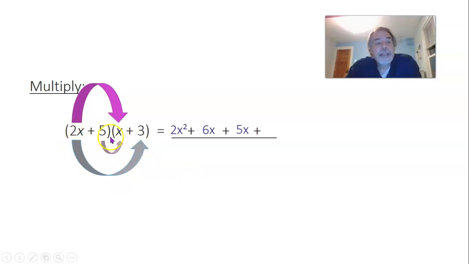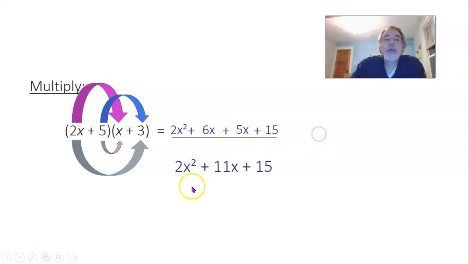And you'd multiply together the last terms of the two binomials, 5 times 3, to get 15. And then these two in the middle are both x terms. They're like terms, so we can combine them. The 6x and the 5x add up to 11x, so we get 2x squared plus 11x plus 15. So that's multiplying. Factoring would be the reverse of what we just did.